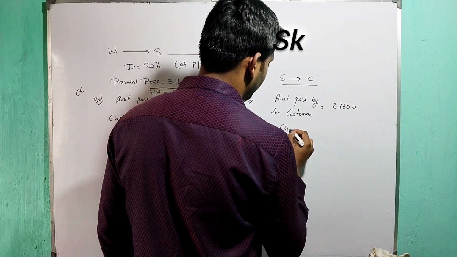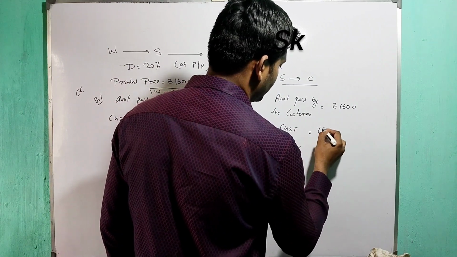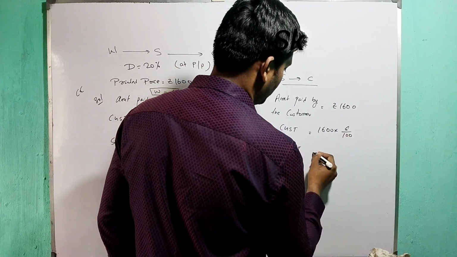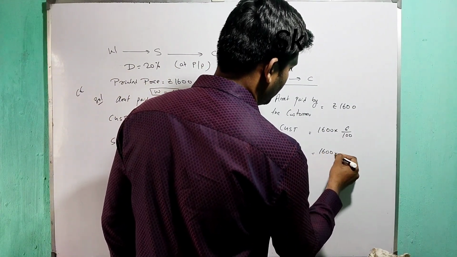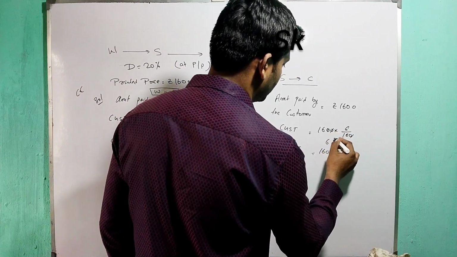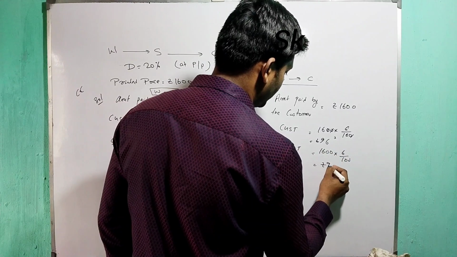Now CGST and SGST: 1600 into 6 by 100. Cancel the 0s, 6 times 16 is 96, equal to rupees 96.